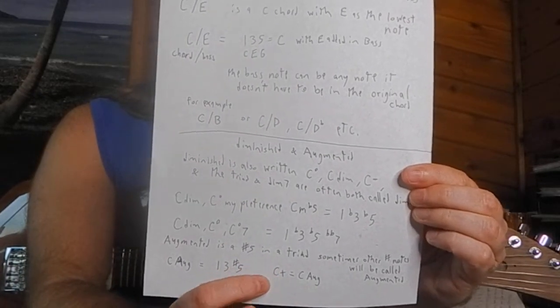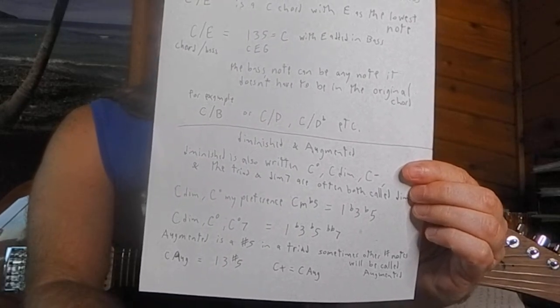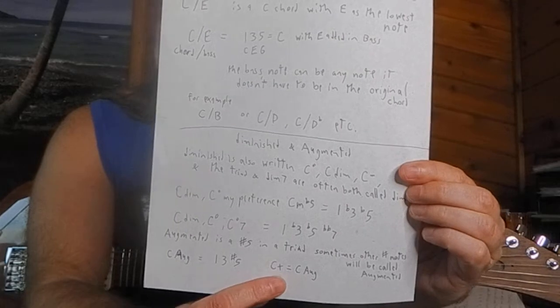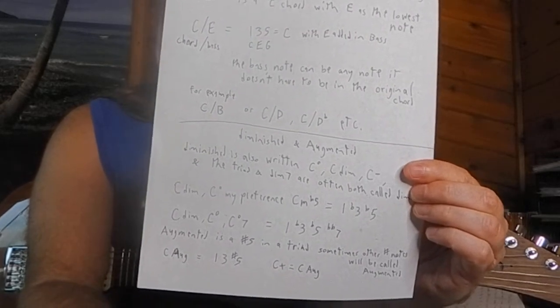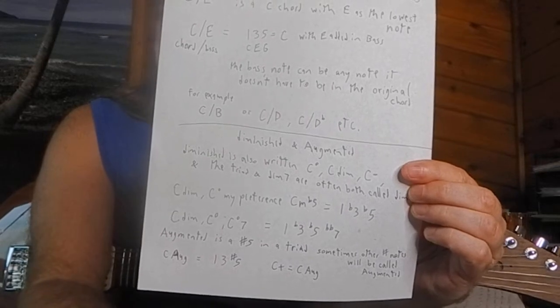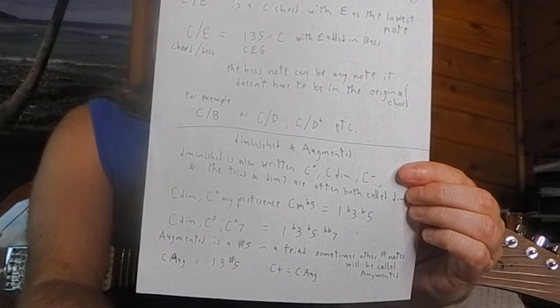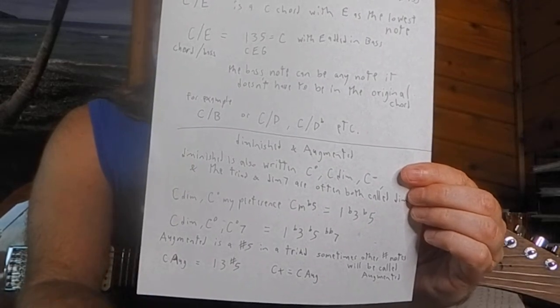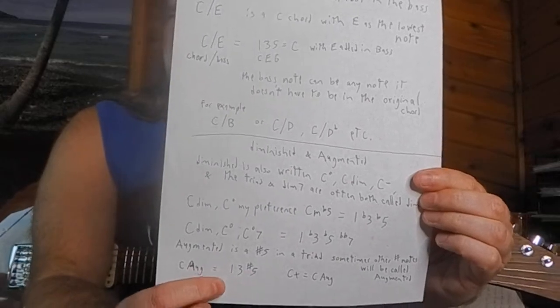Augmented doesn't always refer to a triad, though. You might have cases where you're raising a different note and they'll just use the plus sign, or they use augmented referring to, like, augmented 11th, raising the 11th or sharping it 1. To me, I prefer just using the sharps and flats. I think it's a little less confusing. And these are chords you'll see a lot less often.